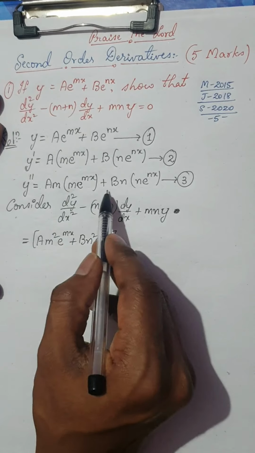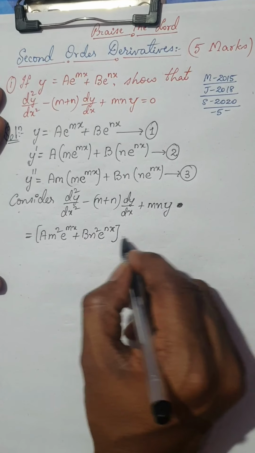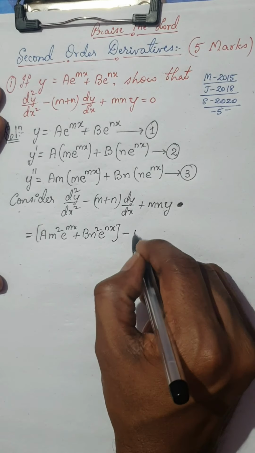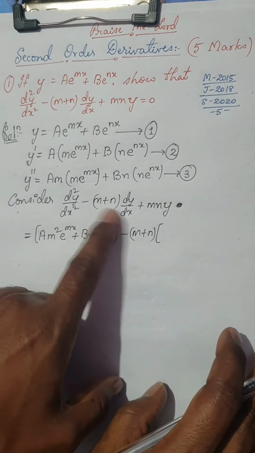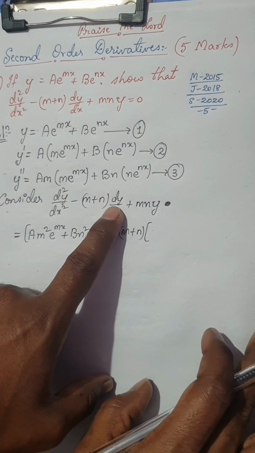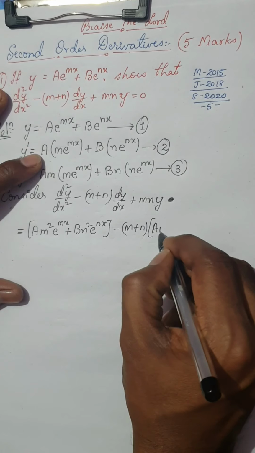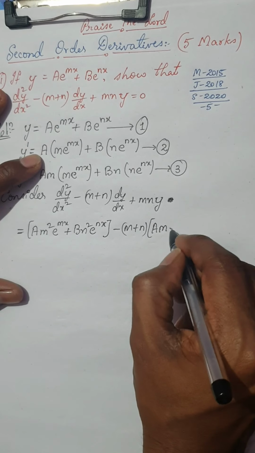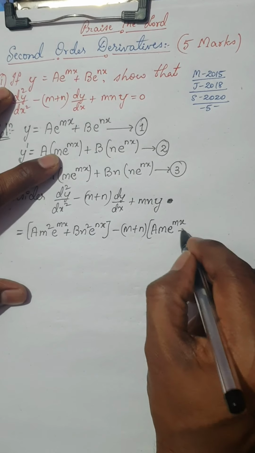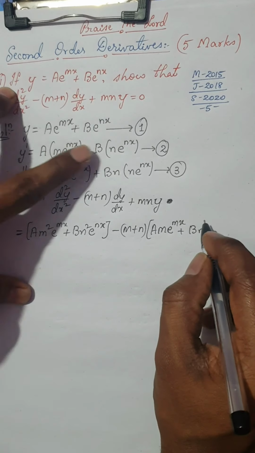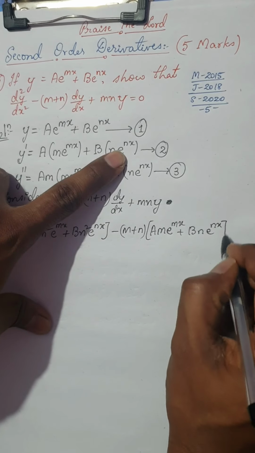You can multiply and write this step again here, or else you can do it here. Minus of m plus n into, now what is dy by dx? Please be careful. dy by dx I already have here. So it is a m into e power mx, plus b into n into e power nx.